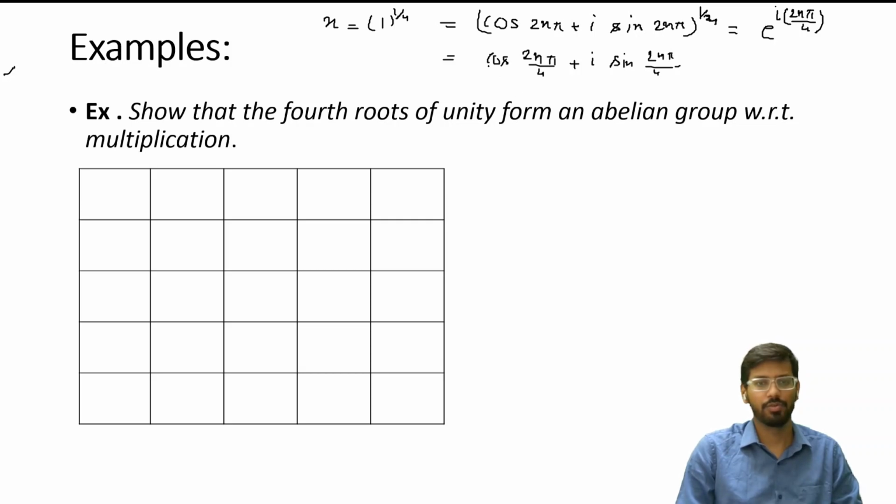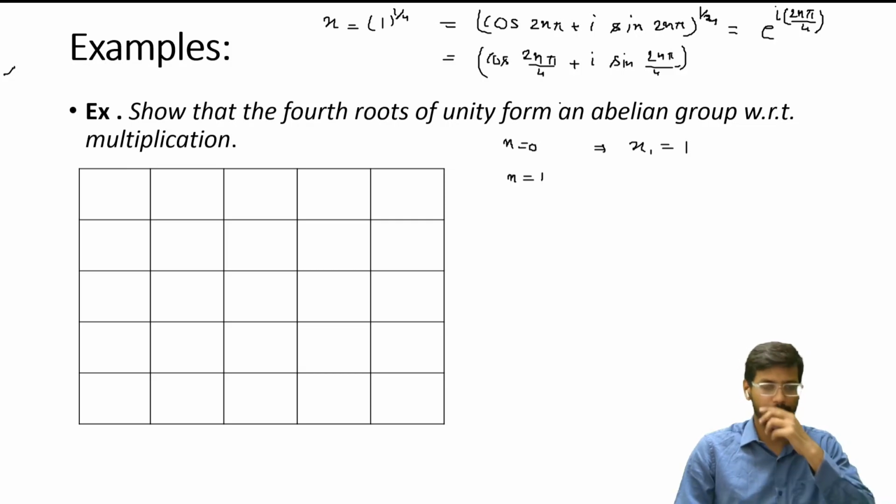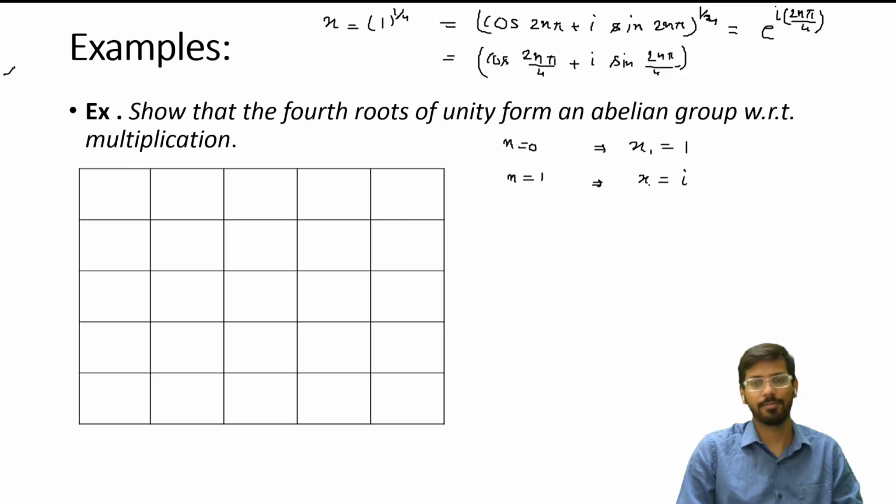Okay, now take n equal to 0, then x1 is equal to 1. Put n equal to 0: cos 0 is 1, sin 0 is 0, so that is 1. Then n equal to 1: cos pi by 2 is 0, and sin pi by 2 is 1, so x2 is equal to iota.